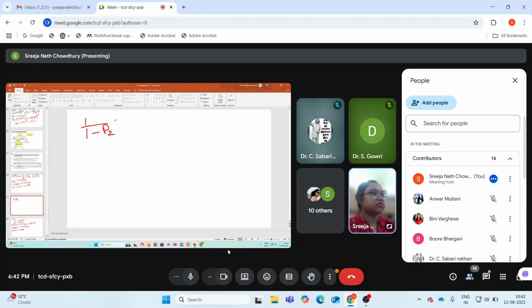Average functionality is 2.6. And the extent of conversion percentage is 77%. Let's solve it.